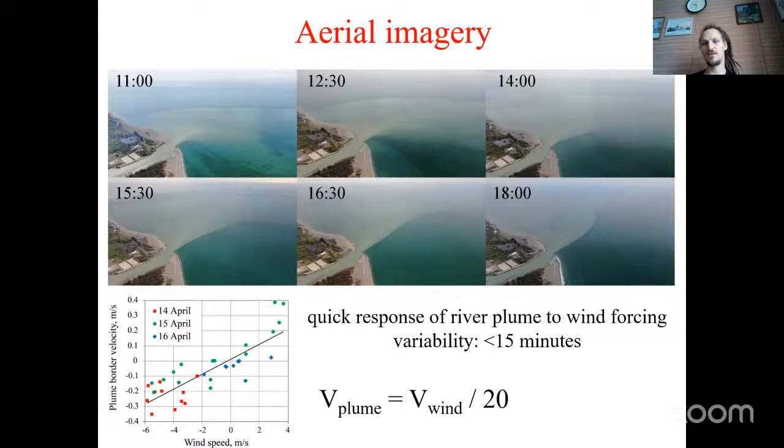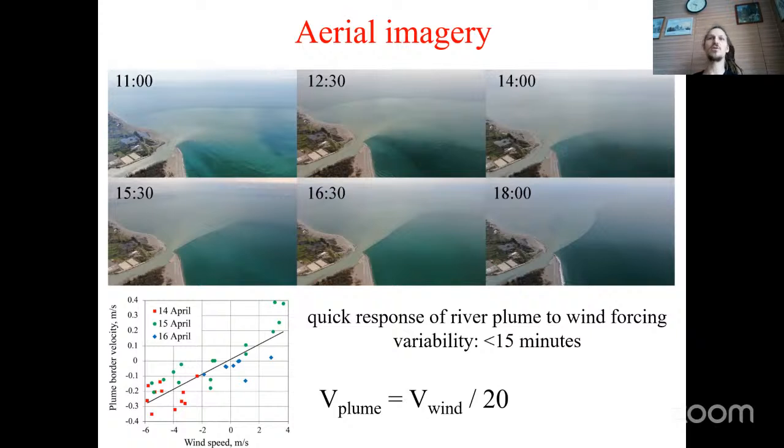At the final image, the right bottom image at 6 p.m., you can see that river plume is now spreading to the left from the river. And using this near continuous aerial remote sensing, we could quantify the velocity of the plume and its dependence on the wind velocity.